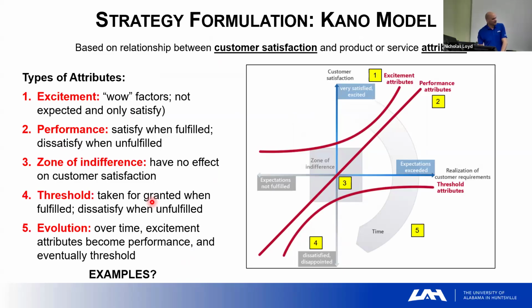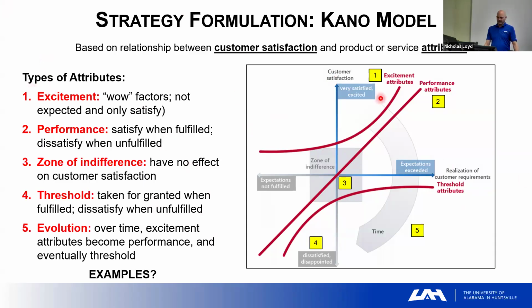I find this to be helpful in analyzing strategy and competitiveness as well. That's looking at products and services that you offer, or attributes or features of those products and services, and evaluating them on the Kano model, which looks at the level of customer satisfaction that can come from the realization of certain attributes.